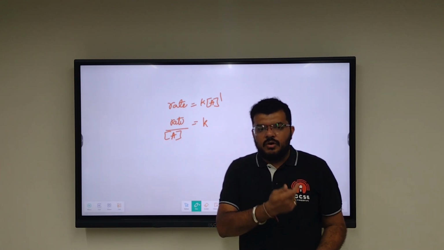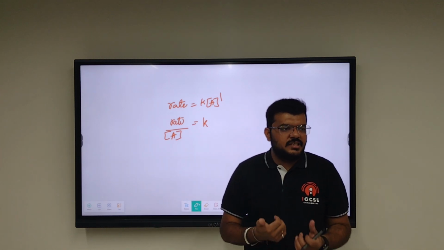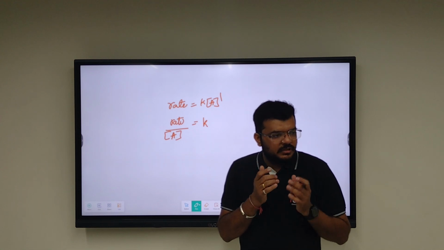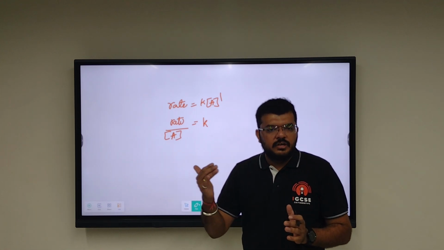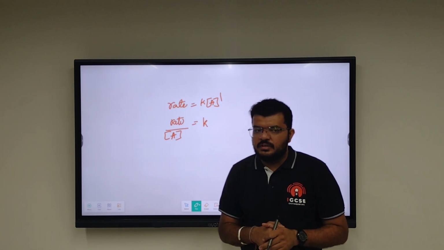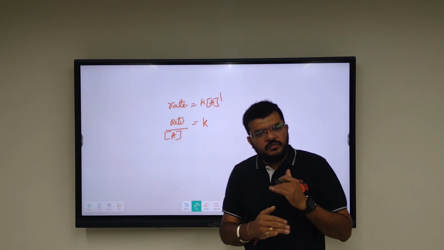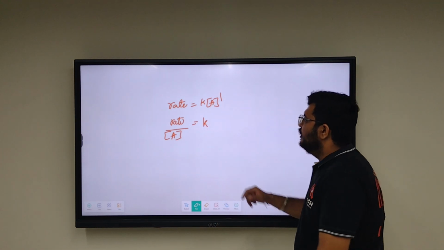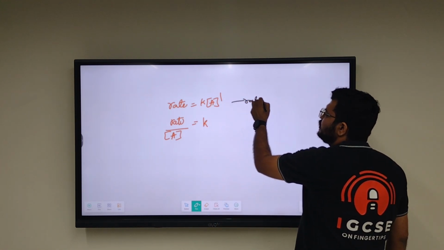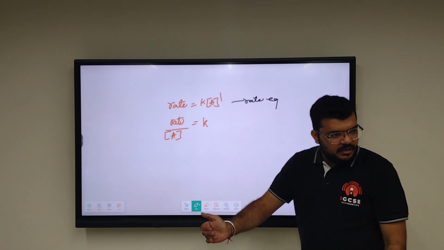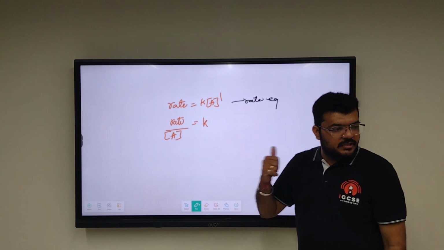Unless you know all the influencing parts of the reaction, which reactant has what order, you cannot find out the value of K. This thing is known as the rate equation. The value of K keeps on changing, and the units of K also keep on changing.